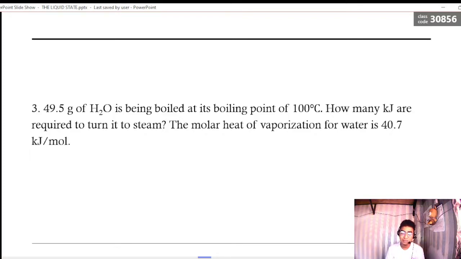Okay, our third example, I hope you can solve it on your own. I will just give the final answer. The final answer in number 3 should be 111.51 kilojoule.